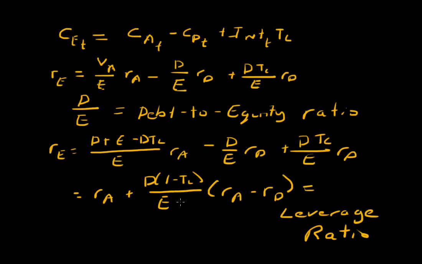Let's do a couple more manipulations to explore this relationship further. If we solve the leverage ratio for RA, so take the leverage ratio and rearrange it so we can get the rate of return on assets, we'll get this relationship.